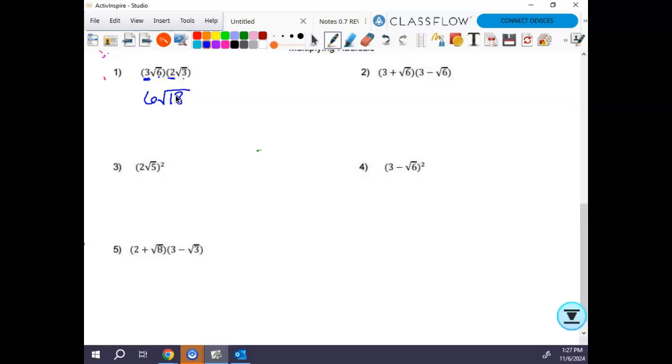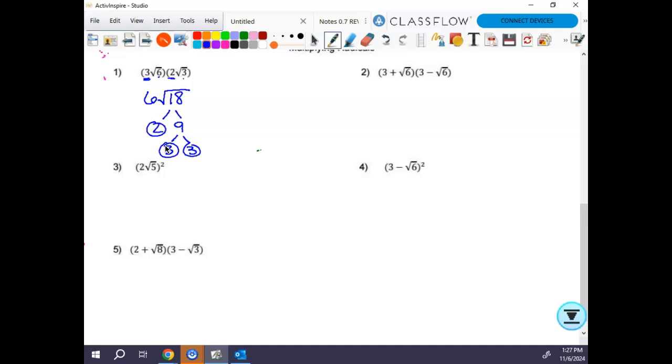Now, before we started, square root of 6 and square root of 3, we couldn't simplify either one of them. But we need to check to see if maybe now we can simplify the square root of 18. And I think we can. So if I do this, it gives me 2 and 9, right? And then 9 gives me 3 and 3.